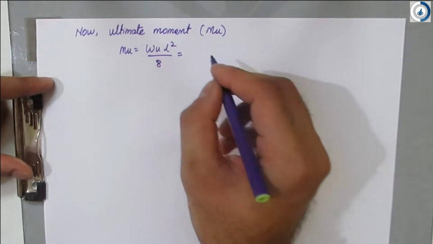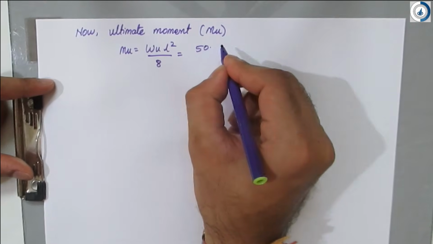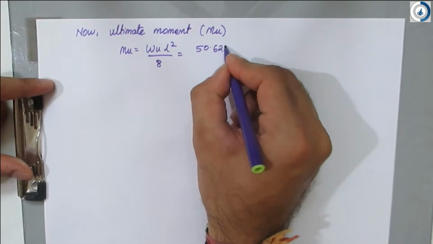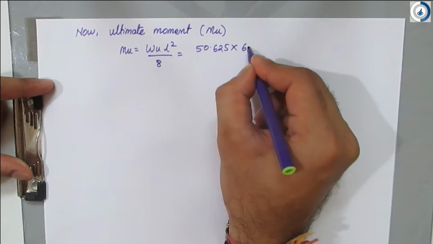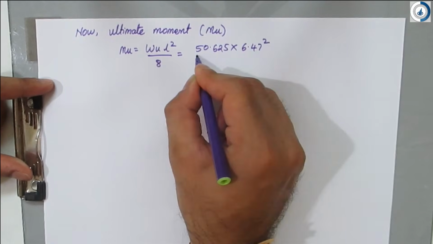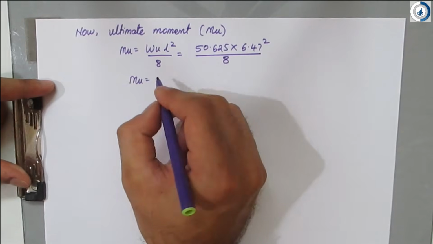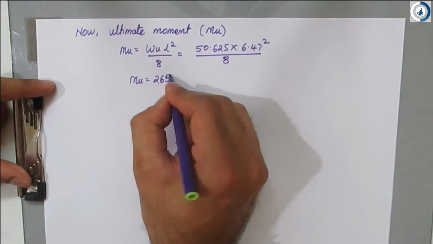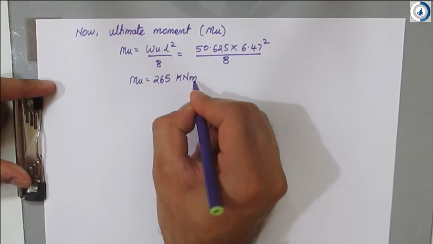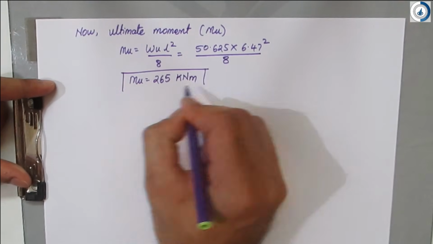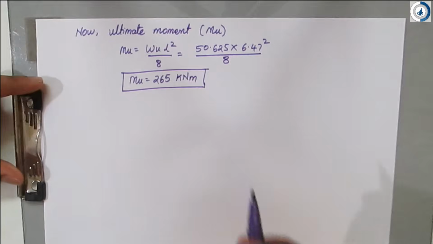So WU we calculated just now, that is 50.625, into L is 6.47, the effective length, divided by 8. So Mu works out to be 265 kilonewton meter. So this is your ultimate moment.